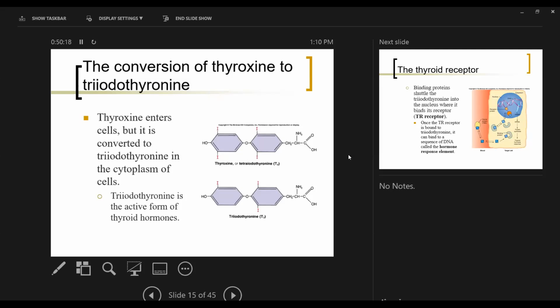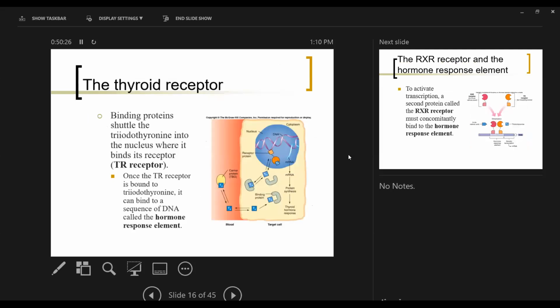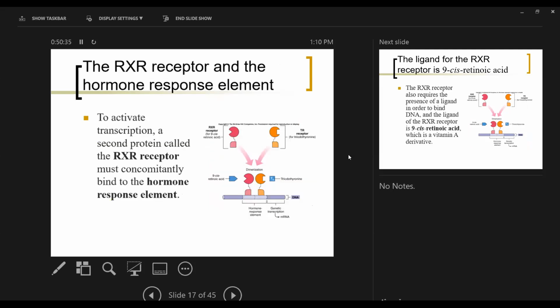When it's bound by T3, it now becomes an activator of gene expression. And interestingly, in order to work, this receptor has to link together with the retinoic acid receptor.